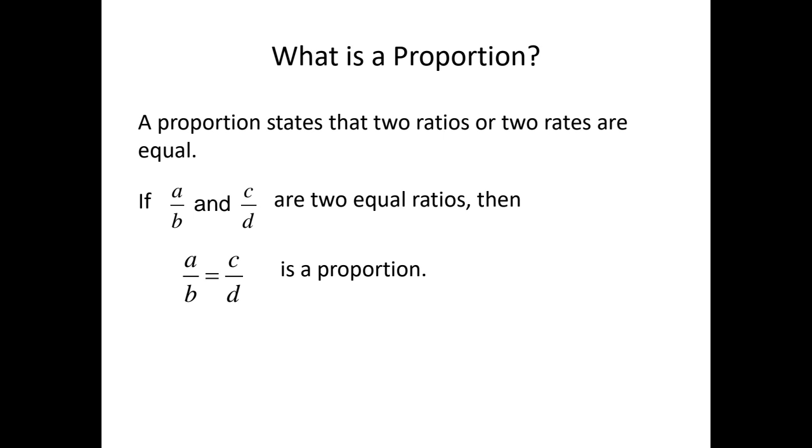If A over B and C over D are 2 equal ratios, then I can actually put this equal sign between them. But there's a little more than that, and let me show you what it is.